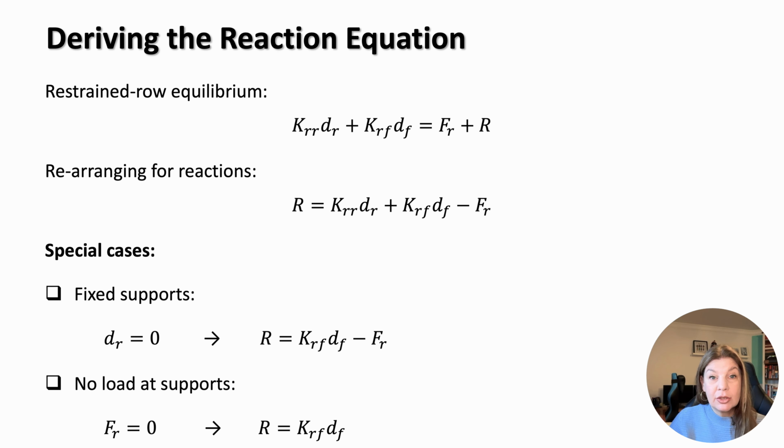Substituting these into the partition form gives us the reaction equation R equals KRR times dR plus KRF times dF minus FR. As we've already discussed previously, if the supports don't move and no load acts directly on them, the formula reduces neatly to R equals KRF times dF. And that's the version you'll see most often, and is the one we'll use in our frame example.